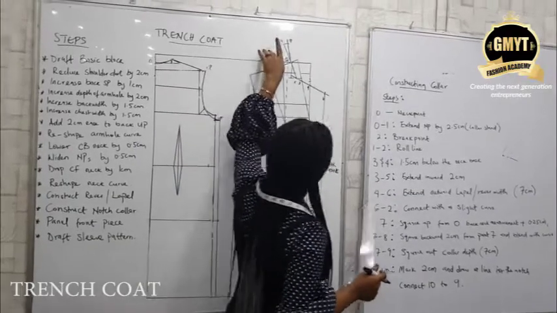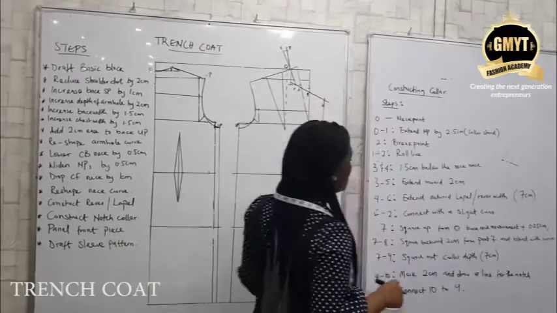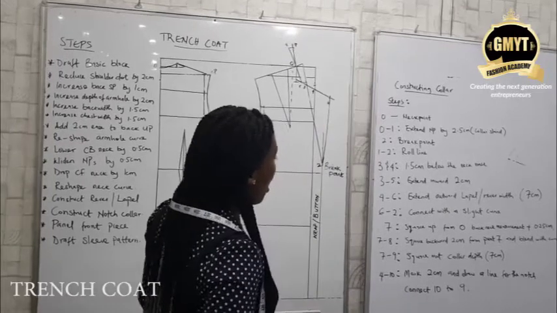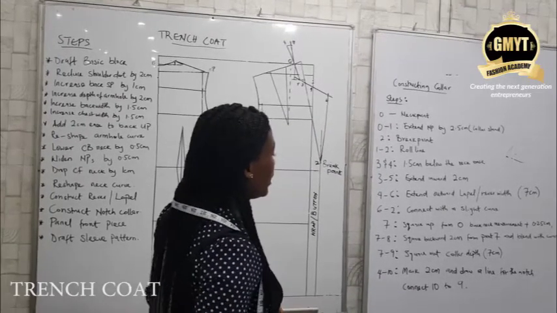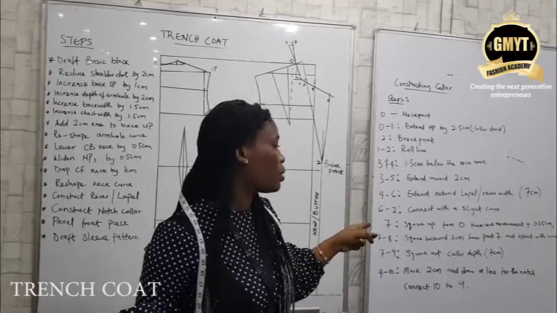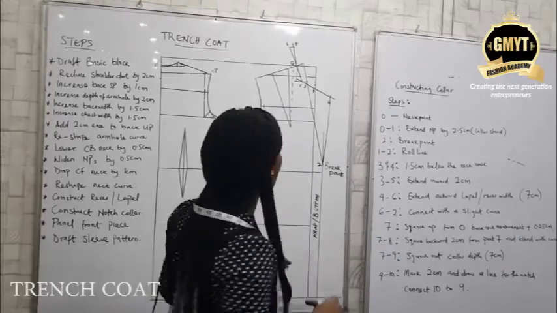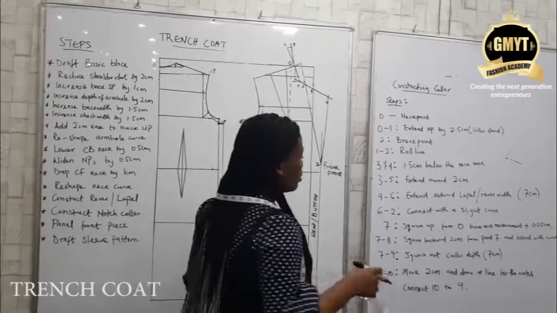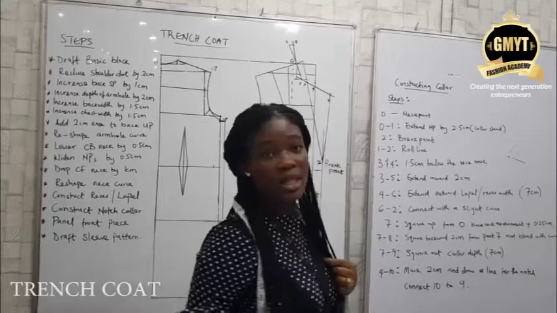So after I've gotten my curve, the next thing says to get my point 9, I'm going to square out my collar depth from point 7. So my collar depth, I'm using 7 cm.